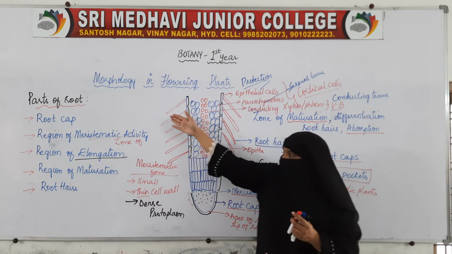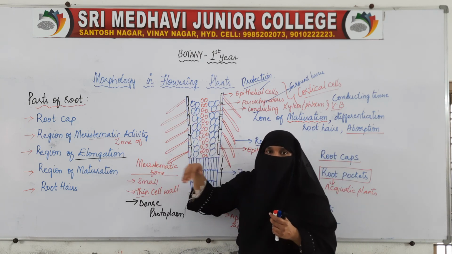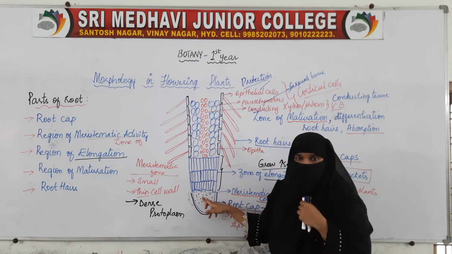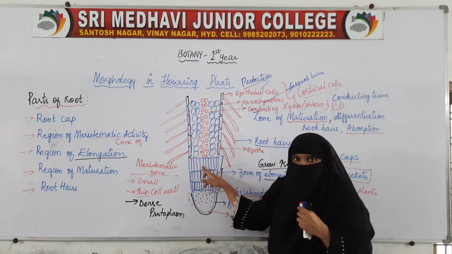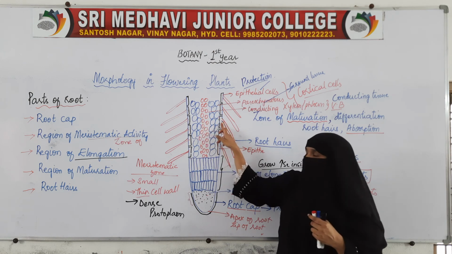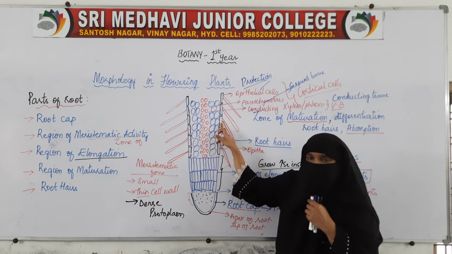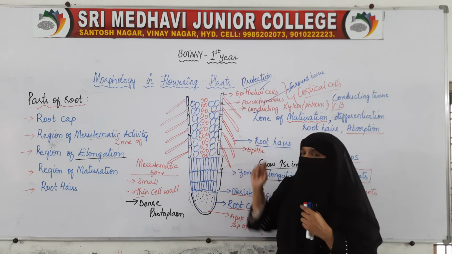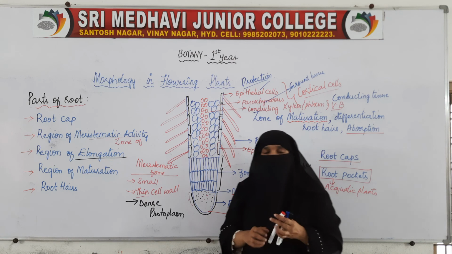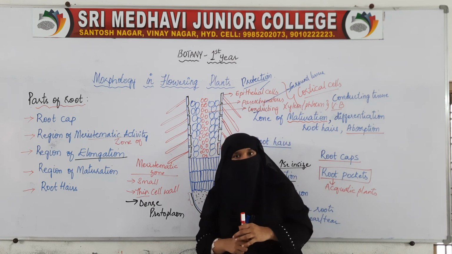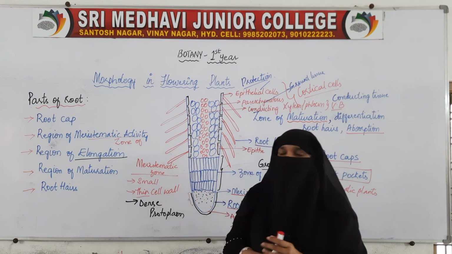So this was all about the different parts of the roots: we have the root cap, the meristematic zone, the zone of elongation, the zone of maturation, and from the epithelial cells arise small thread-like structures called root hairs. Functions we have already seen.